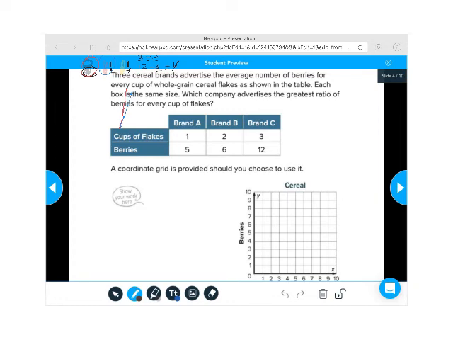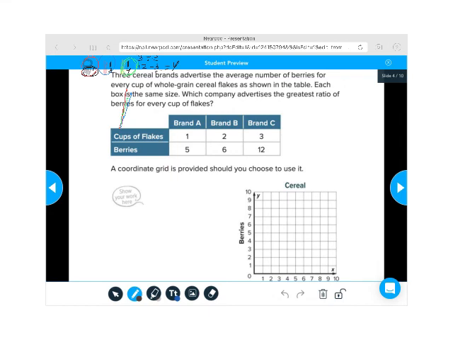Then finally we have the last one, which is 1 to 4, over 1, up 4, over 2, up 8, over 3, up. Too many for this graph.